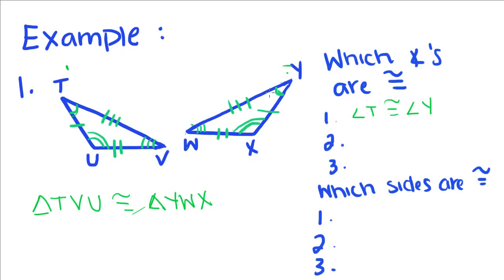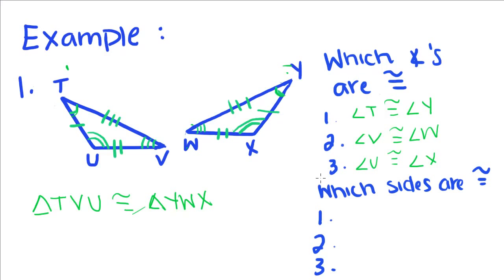And this has 1 and this has 1, so that means they are congruent. So angle V has to be congruent with angle W, which that's 3, we're good there. And angle U has to be congruent to angle X. So we got 2, we're good.